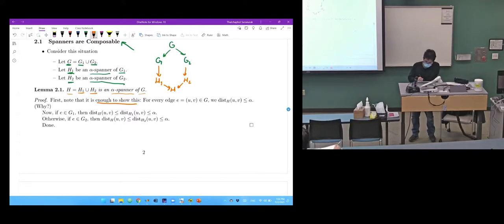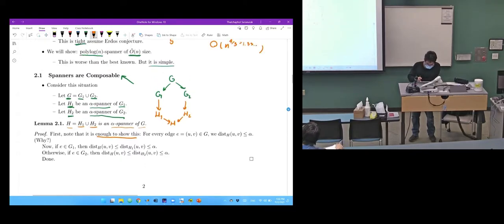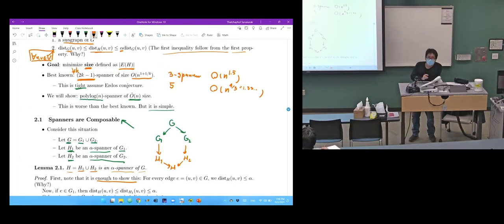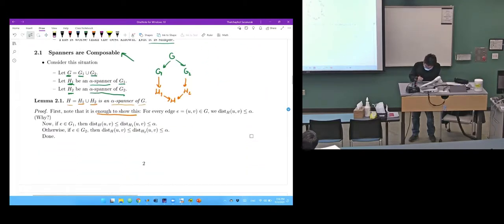Instead of looking at every pair of nodes, if I can show that for every edge, the distance in H is at most alpha.